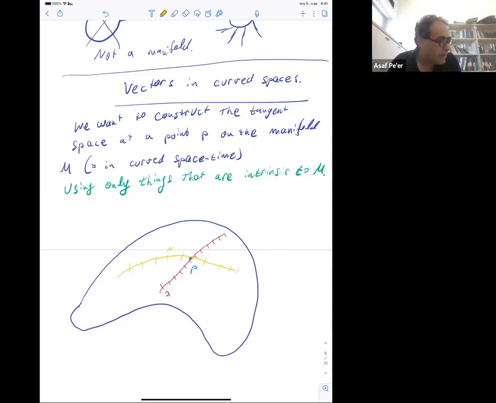Then I can specify a vector which is tangent to that curve.